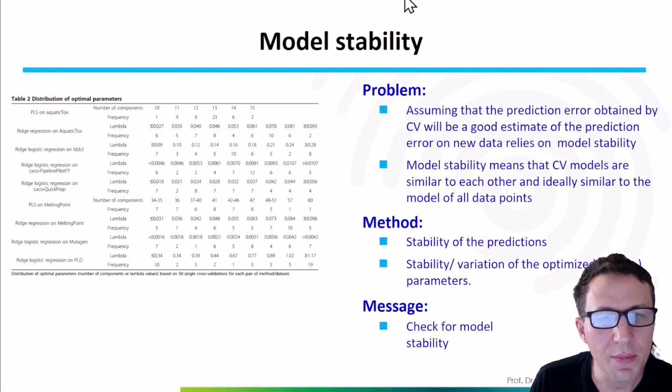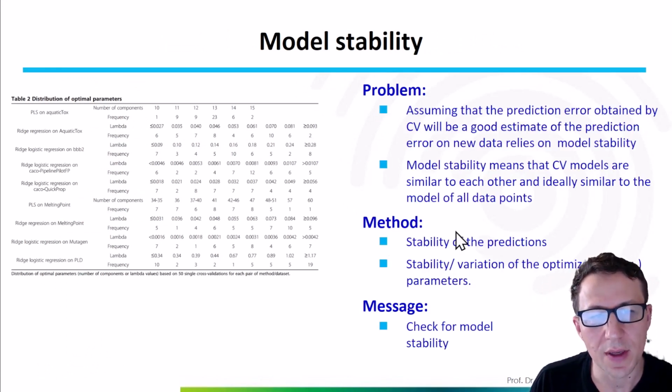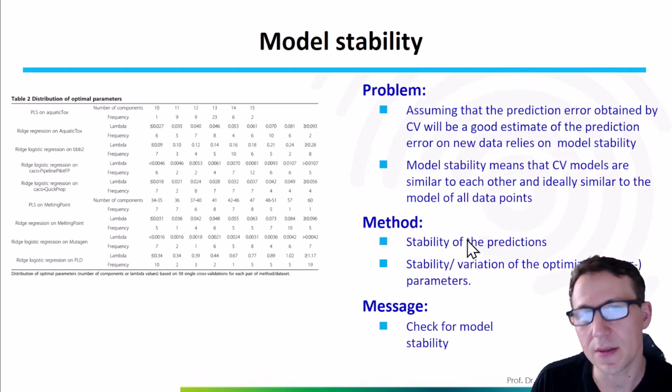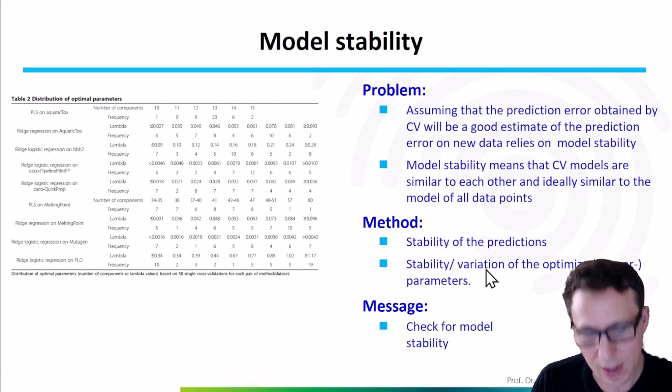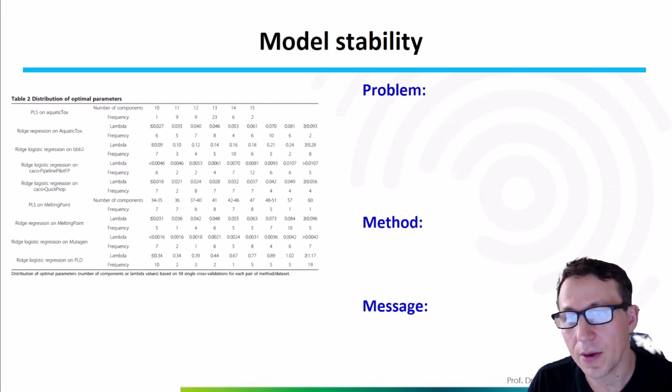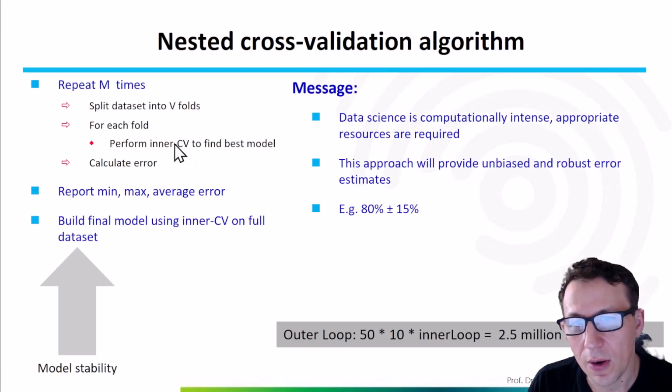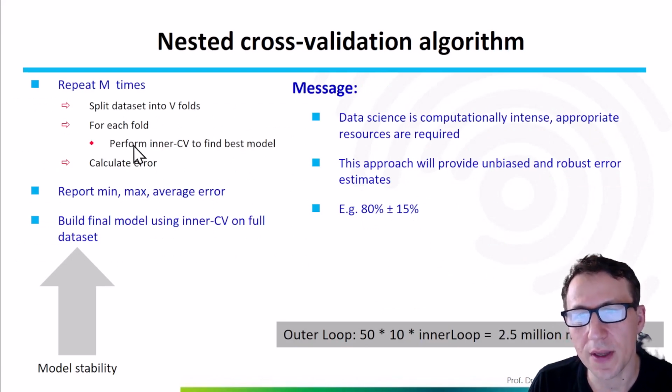Model stability means that the predictions you get from your different models are stable, and the models you obtain have similar hyperparameters. So going back to this slide, we call the inner loop to get the best model and then use this model to predict the left-out data within the cross-validation.